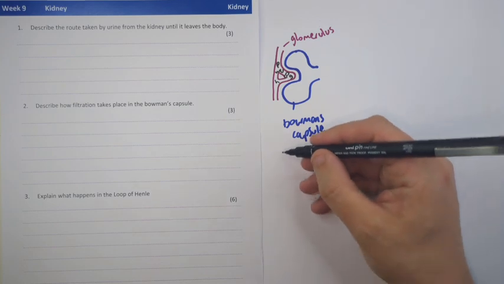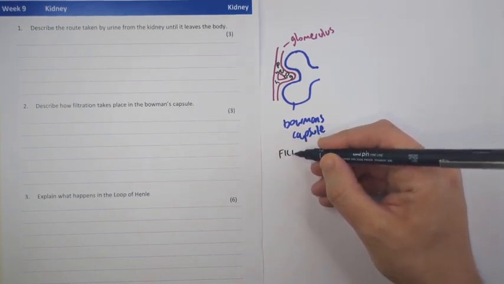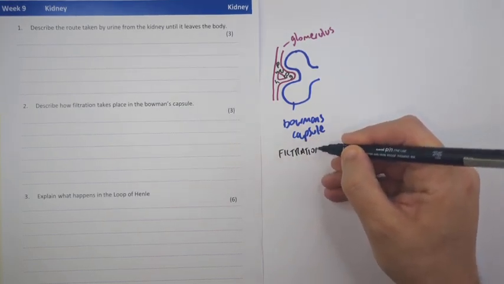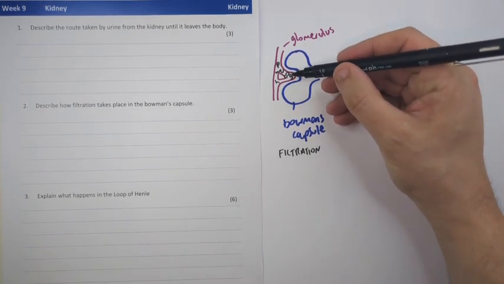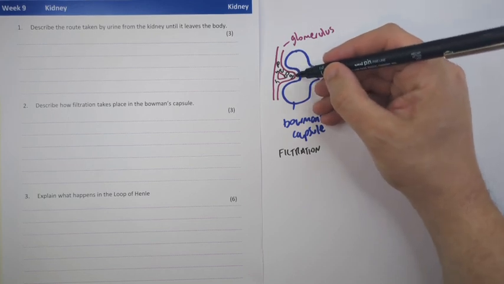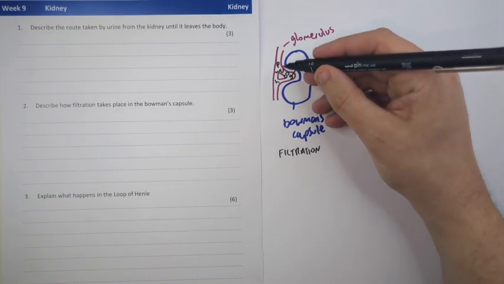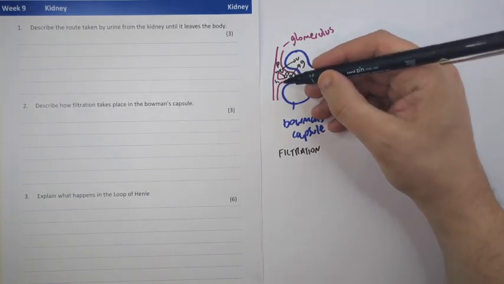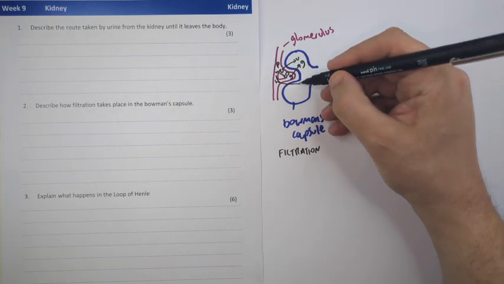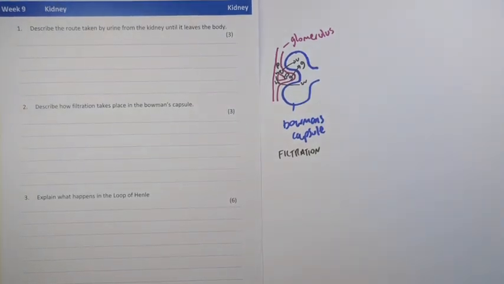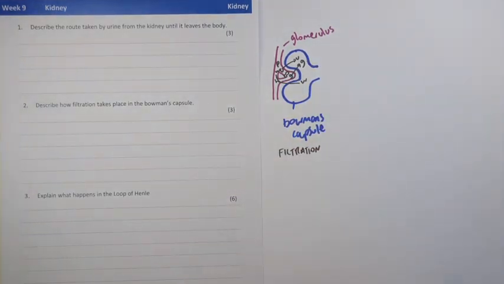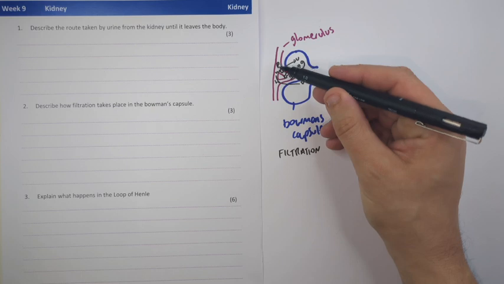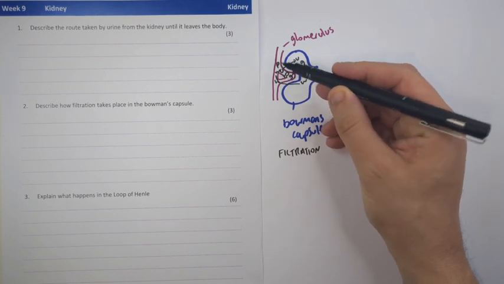This is where filtration takes place, because substances are filtered out of the blood. They're going to be glucose, urea, and water. Those are the main three that we're going to talk about today. Hormones are proteins, so they will probably remain in the blood.